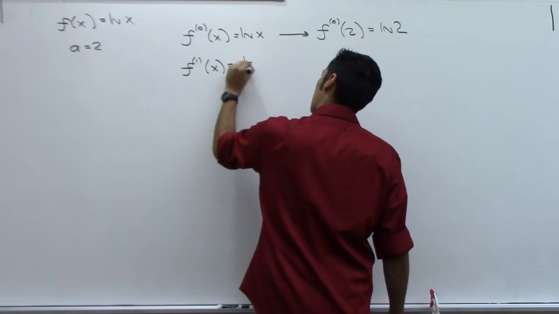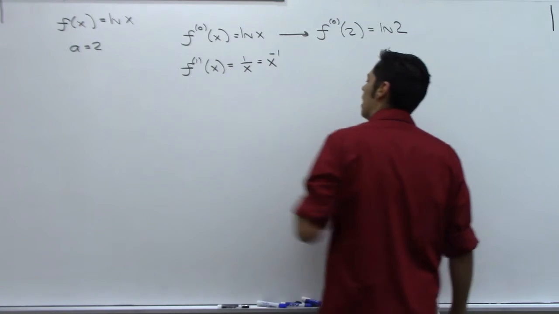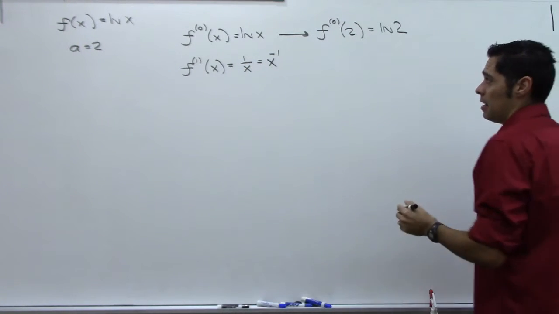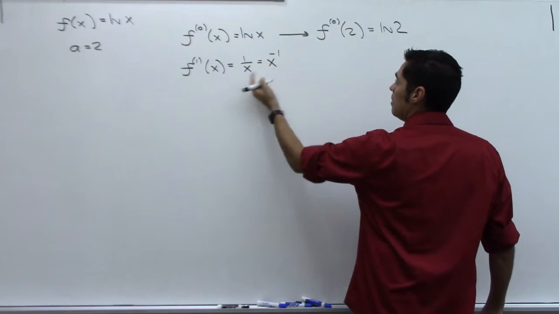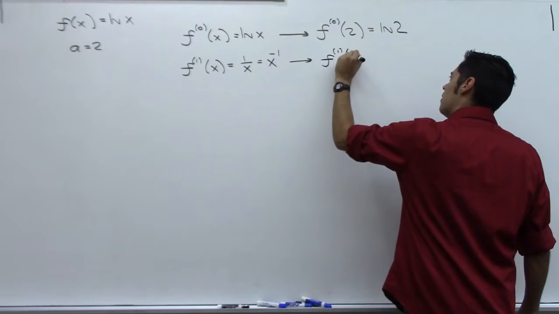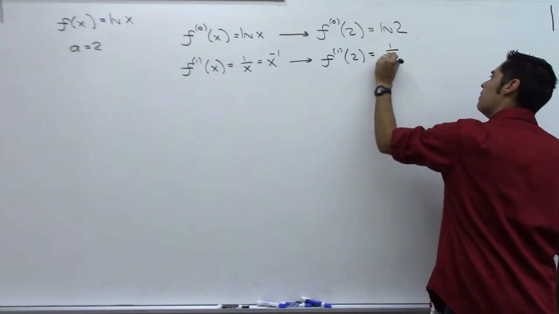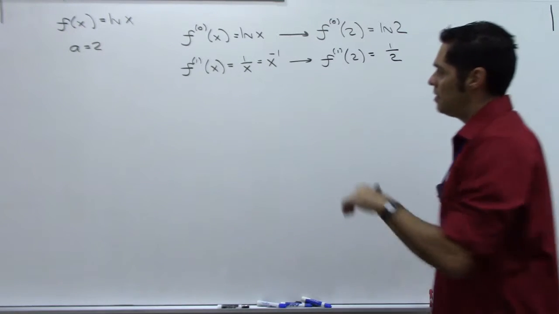Now, the first derivative is 1 over x, which is the same as x to the negative 1. I'm doing that because I'm going to take the derivative again in a second. It's easier to take the derivative of this than this. So f prime, the first derivative at 2, you plug 2 into this, you get 1/2. Now we take the second derivative.